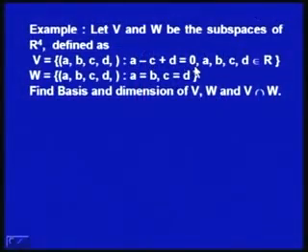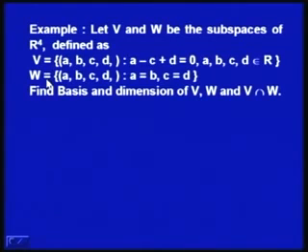So, let us consider two subspaces of R4. Now, R4 is a vector space and it has dimension 4. So, let us consider V as (a, b, c, d) such that they follow a constraint a minus c plus d is equal to 0, where a, b, c, d are real numbers.